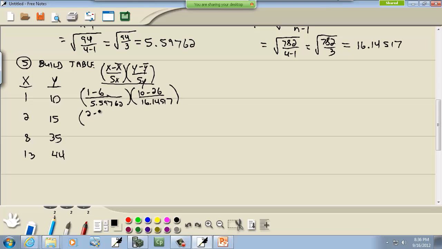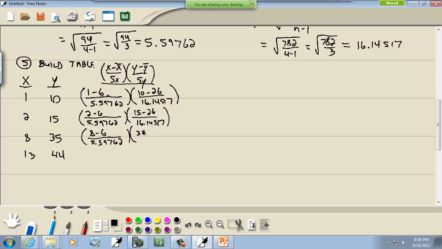And this one will be 2 minus 6 over 5.59762. And this will be 15 minus 26 over that. And this one will be 8 minus 6 over 5.59762.